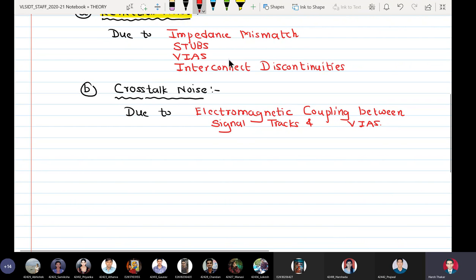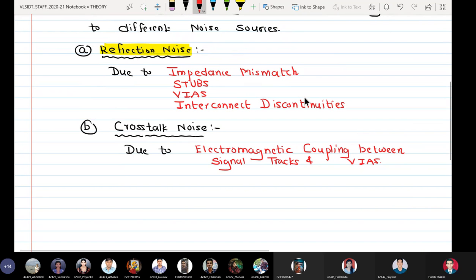We had defined vias as vertical interconnect architecture.